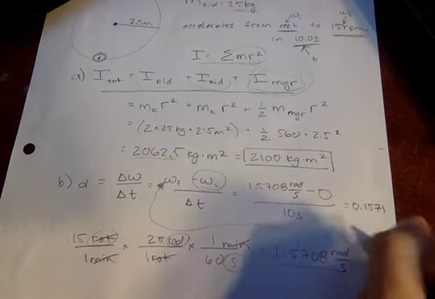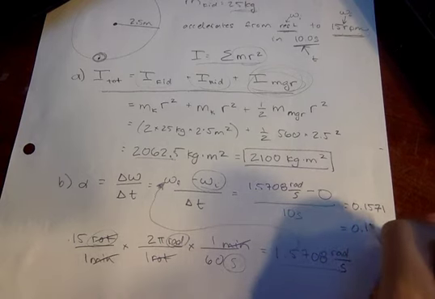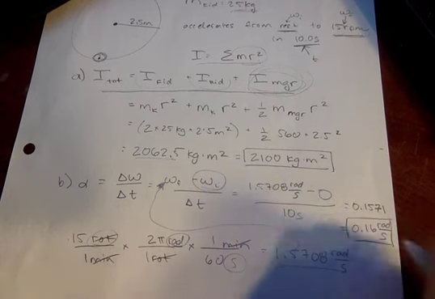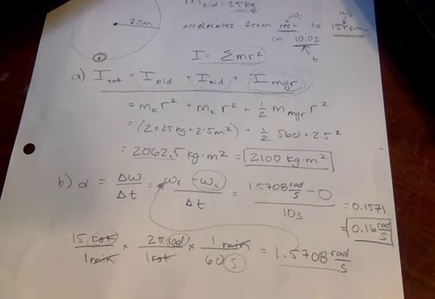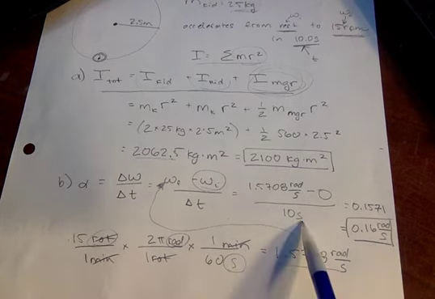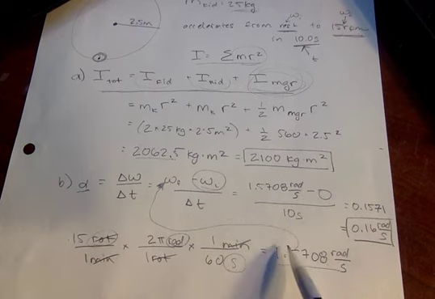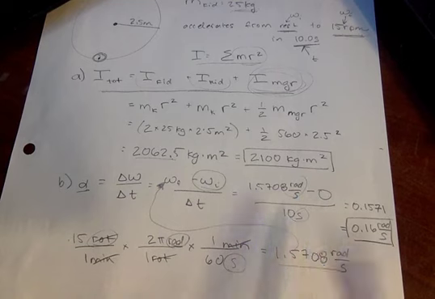Written to 2 sig figs, I'll round that to 0.16 radians per second. And so that is the angular acceleration. Whoops, I guess I have an issue with my units here. The unit of angular acceleration is not a radian per second, but a radian per second squared. And you can see that from my work here. So I'll put a little squared in there.